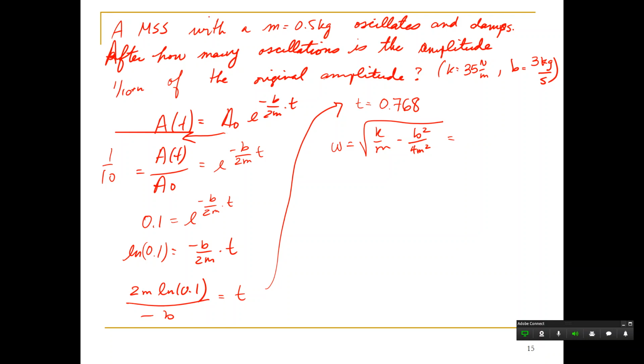Can someone confirm? Units? Hertz? Not hertz. It's angular frequency.